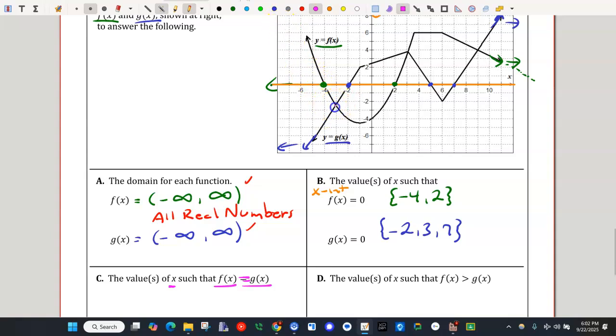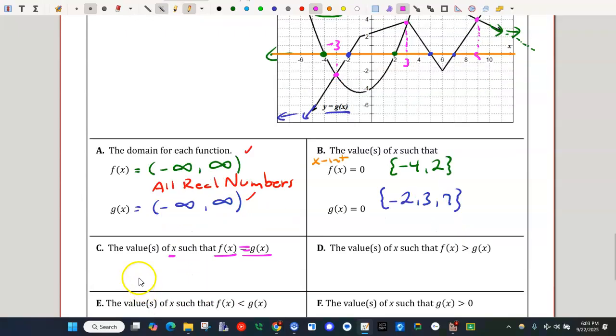So we have right here, and that looks like about negative 3. And then over here they intersect, which looks like positive 3. And then follow them again, and they intersect one more time, looks like at positive 9. So in our set notation, we'll just write that out. Negative 3, positive 3, 9.